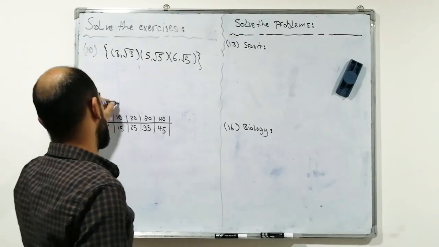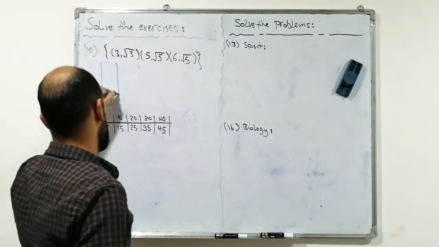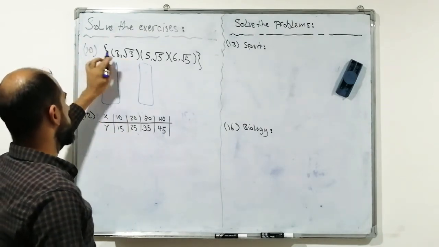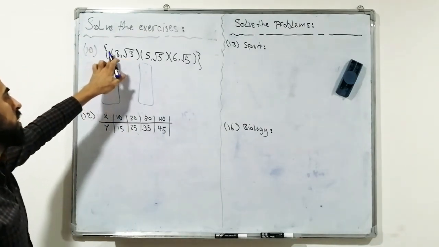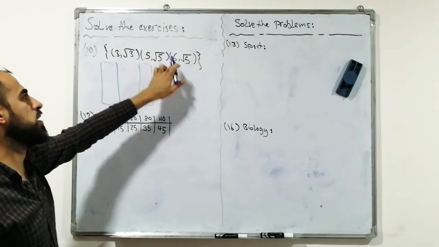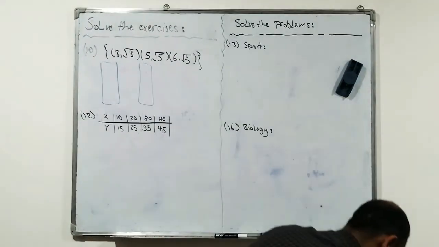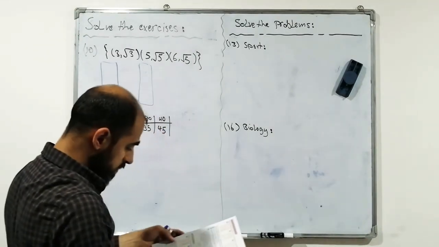We can draw the input values. I told you previously the first part of the ordered pair will be the input value, or we can find the input value from the question.